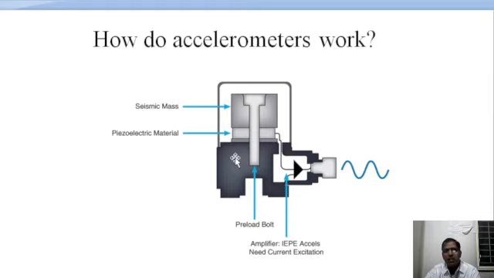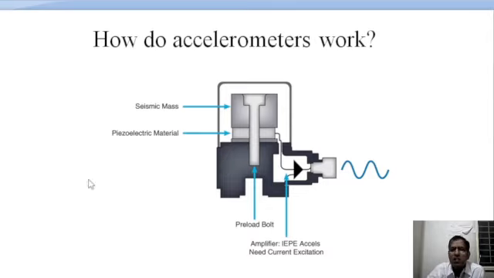We know that the damped natural frequency of a single degree of freedom system is given by omega n under root 1 minus zeta square, where zeta is the damping ratio, and omega n is the natural frequency, which is given by under root k by m.